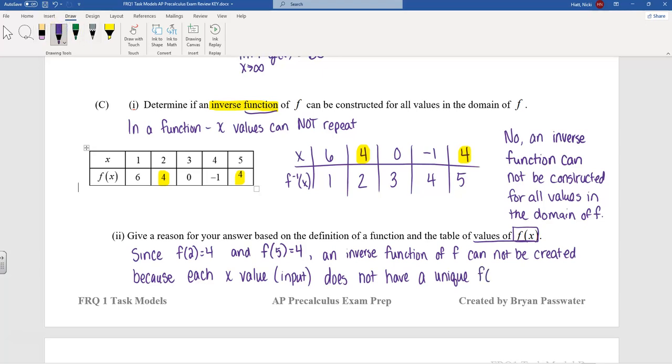A unique f of x value, or you could say output value right there.